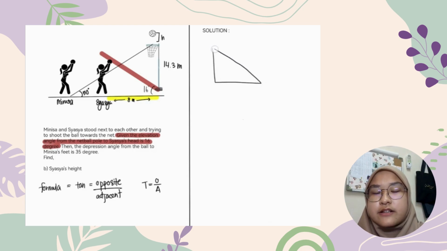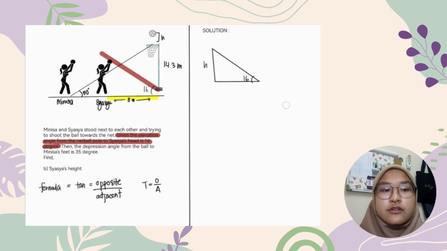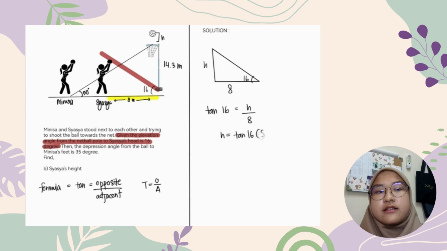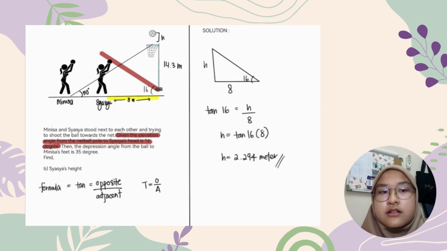We can see in the diagram a triangle formed with Shasha and the distance between Shasha and the pole. So I will sketch a triangle there and label the amounts exactly like the diagram. 60 degrees there, and h that we are going to find, Shasha's height, 8 the distance between Shasha and the pole.